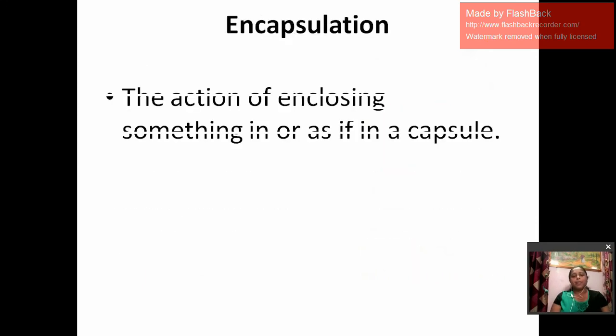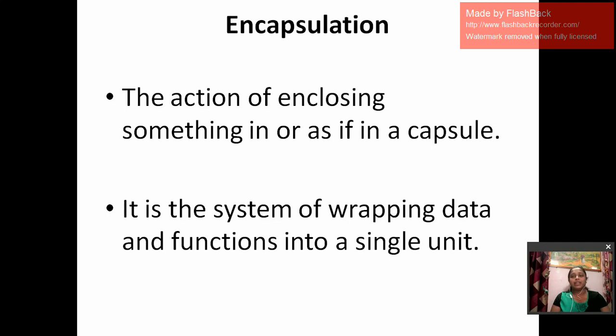One more explanation I will give: while using the remote of an AC or television, we know only the buttons. We don't know what is going on exactly inside it. What are the functions? We don't know. So now we will proceed to the next principle, encapsulation.